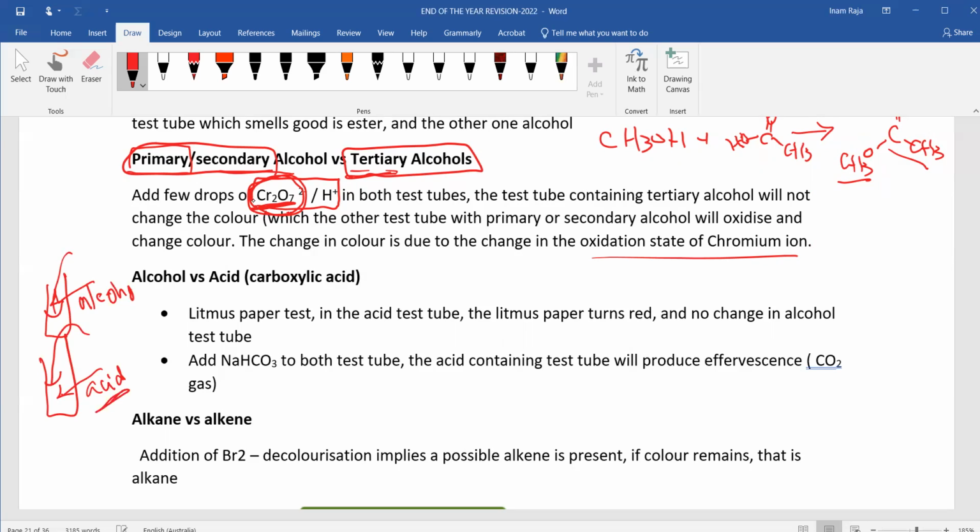Another way is to add a little bit of base like sodium carbonate. It will react with acid, while alcohol is neutral and will not react. Sodium carbonate reacting with acid produces CO2, so if you see bubbles in one of the test tubes, that is acid. So a carboxylic acid can be differentiated from alcohol by either litmus paper or sodium carbonate.